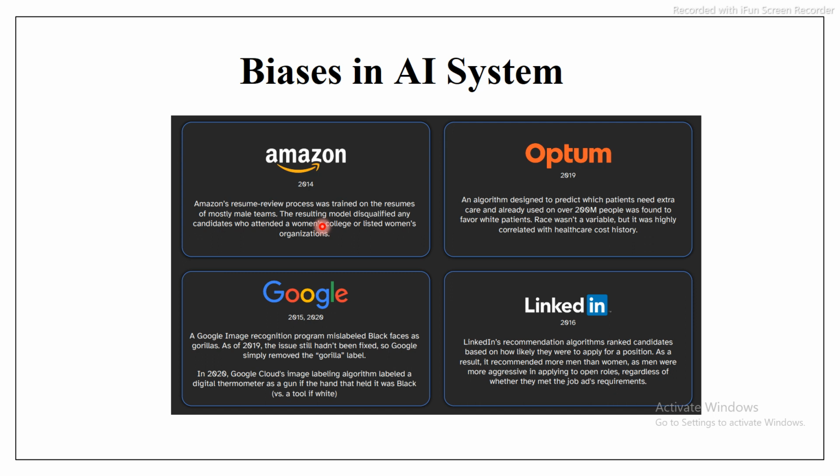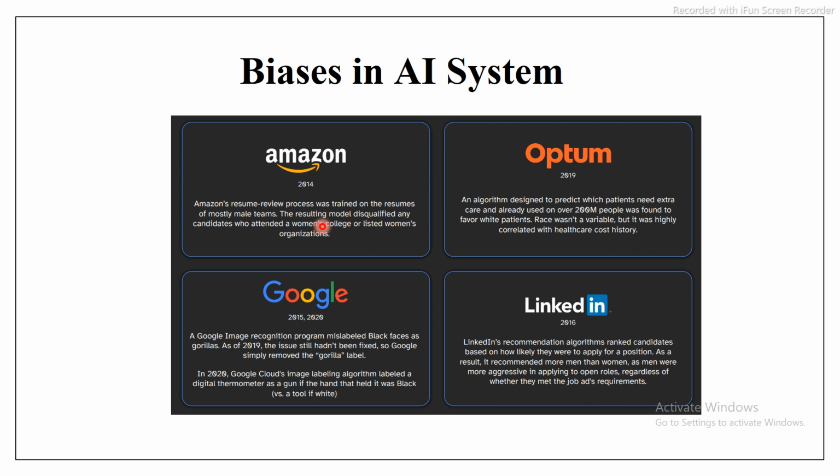As a result, it recommended more men than women, as men were more aggressive in applying to open roles, regardless of whether they met the job ad's requirements or not. So this was one of the biases which LinkedIn found out.